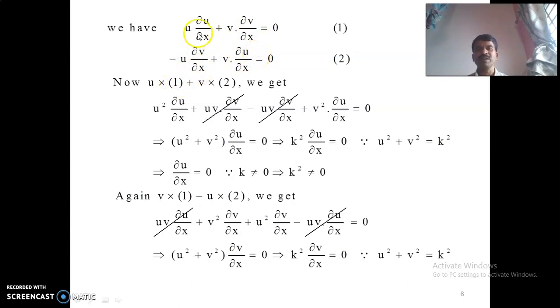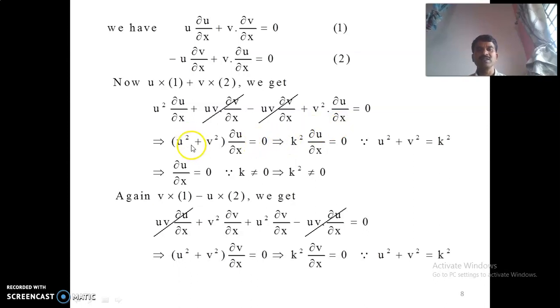Just multiply equation 1 by u and equation 2 by v, and adding these two we get this relation, and then ultimately u square plus v square into ∂u/∂x. The uv and uv terms, since one is negative, both cancel each other, so that u square plus v square into ∂u/∂x equal to 0.